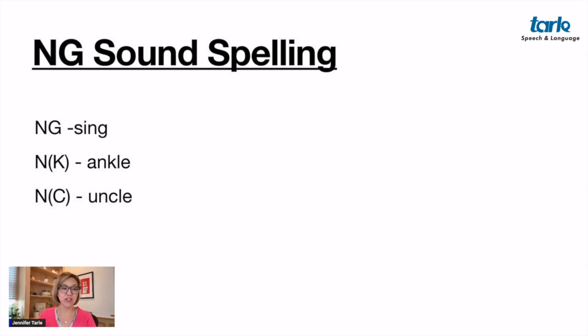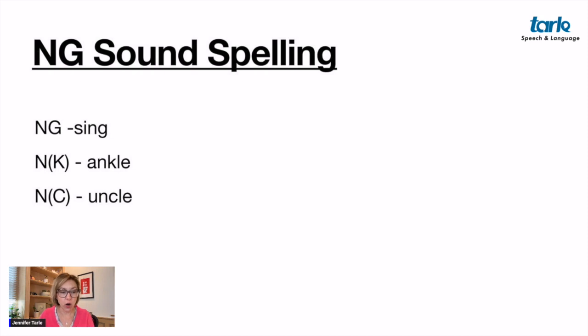And then for the NG, mainly it's spelled with a digraph. And a digraph, if you're new to my lessons, is two written letters that equal one sound. And we mainly spell the NG sound with two letters, NG.